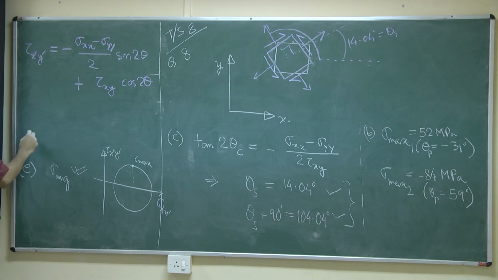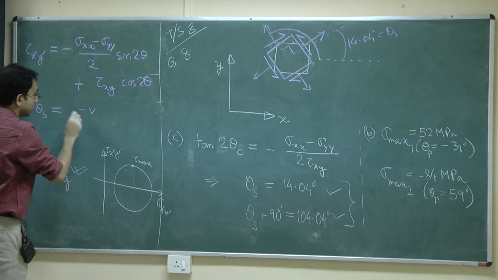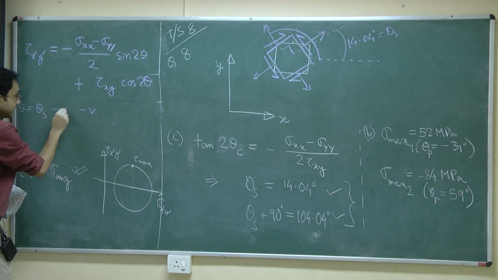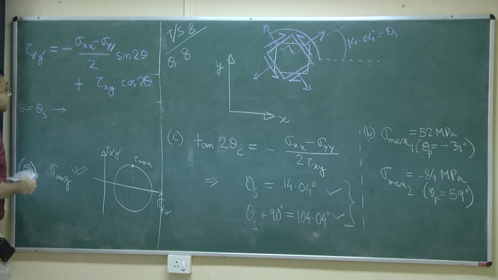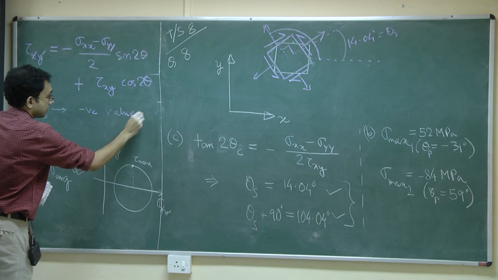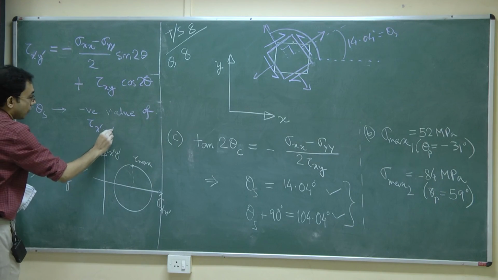So what Professor Samantara here is mentioning is that suppose you use one particular value of theta s, and as a result of a particular substitution, when you substitute theta equal to theta s, it gives a negative value of tau x dash y dash.